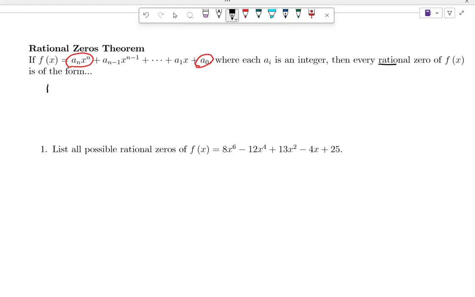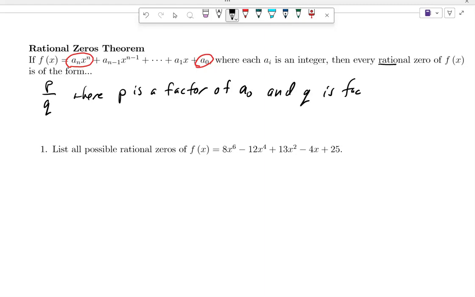We usually write it as p over q, where p is a factor of the constant term, that a naught, and q is a factor of the leading coefficient, the an. Okay.